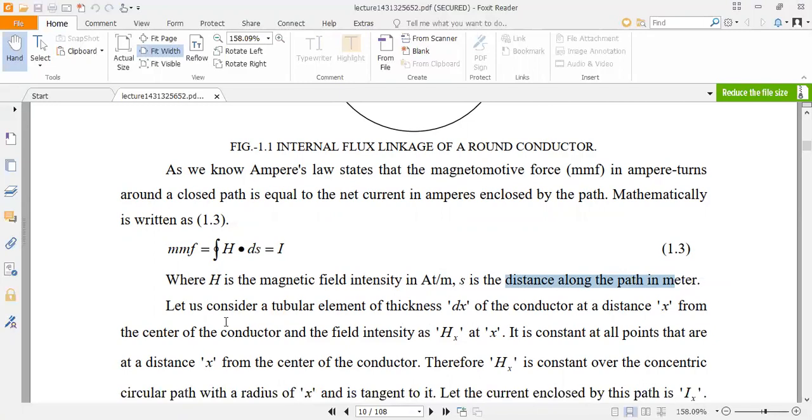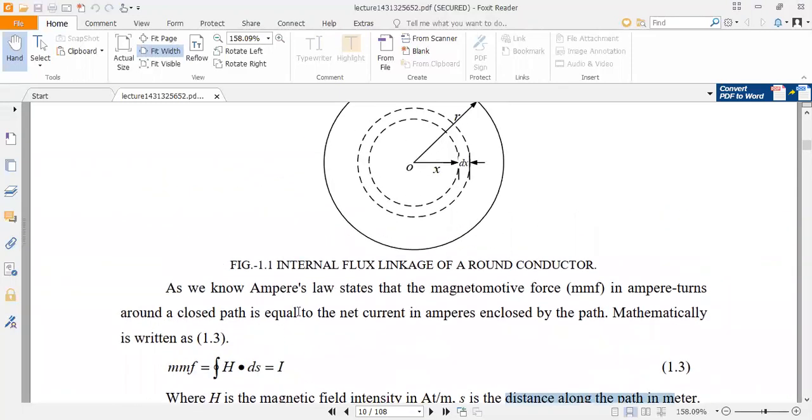Let us consider a tubular element of thickness dx in the conductor, at a distance x from the center of the conductor. So here we are considering the smallest thickness dx.